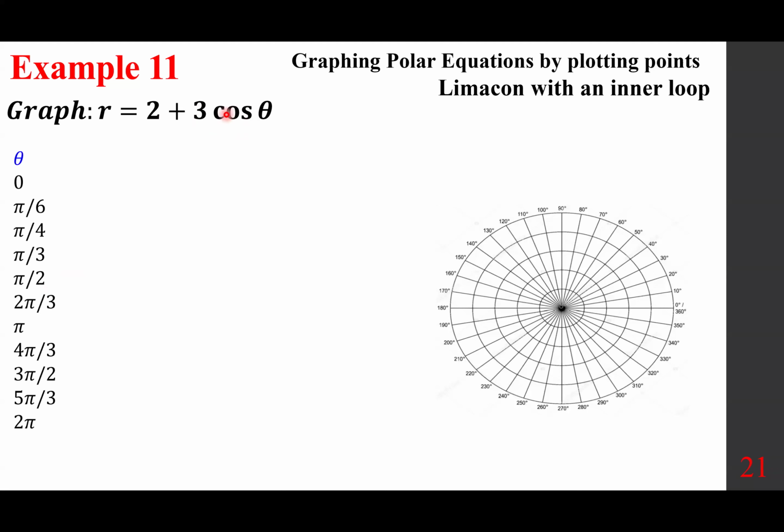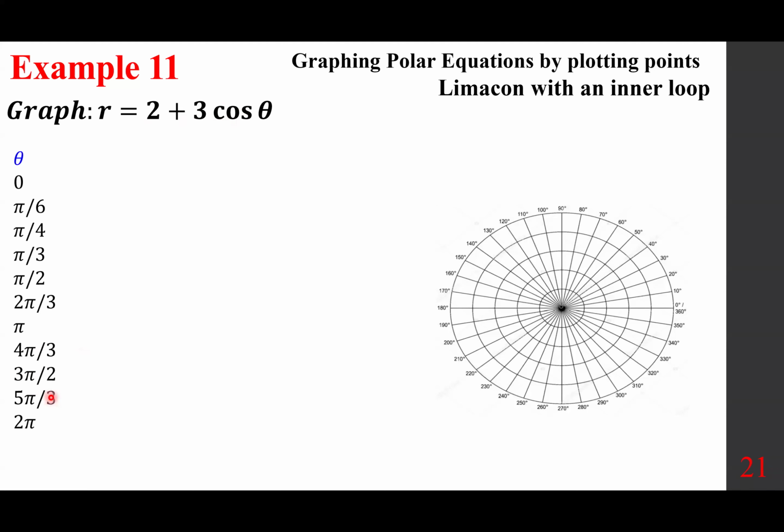Pi is a good number because that gives you -1, 2 plus 3 times -1, that gives you -1. 4 pi over 3 again is a good number, just like 2 pi over 3, you get -1/2 and the result is 1/2. 3 pi over 2, good number, cosine is 0, so that's just 2.